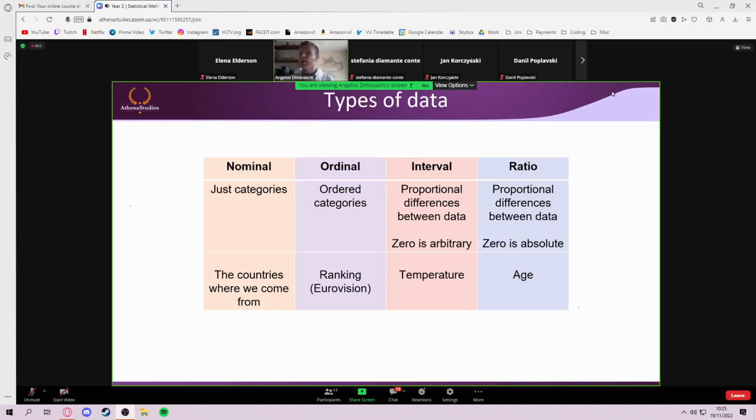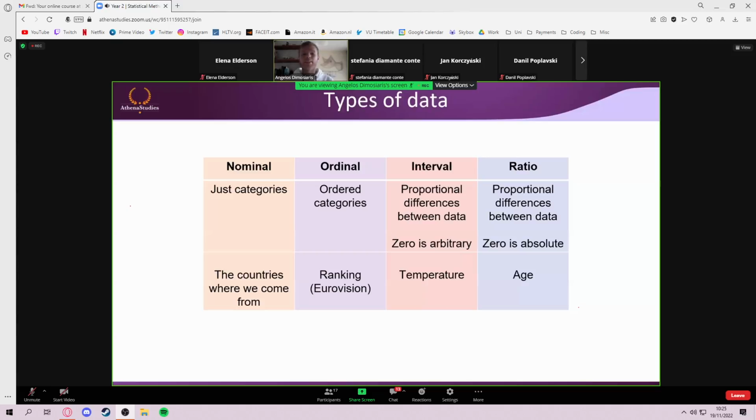People who come from the Netherlands will have the number 2. People who come from France have the value of 3. People who come from Germany have the value of 4. Now, we have 1, 2, 3, 4, but these numbers refer just to some categories, nothing else. We cannot add them. We cannot say that 1 is better than 2. So this is the nominal level: numbers that are referring to categories and nothing else.